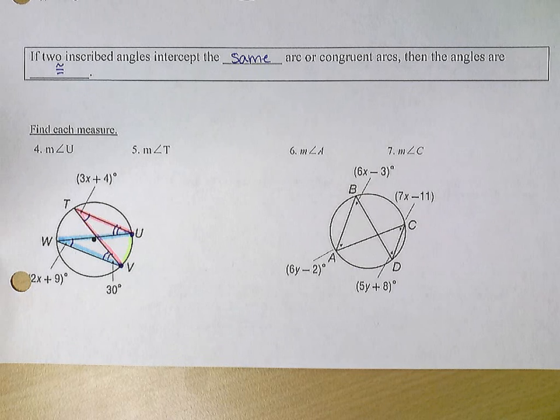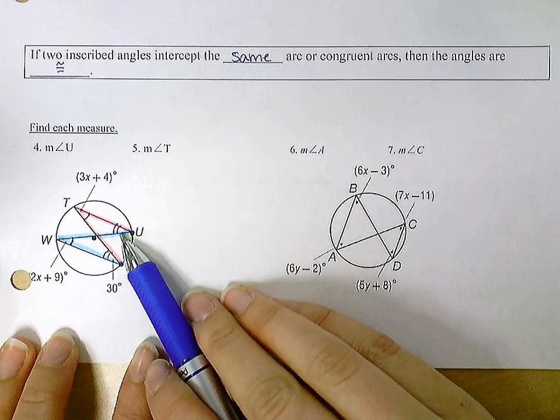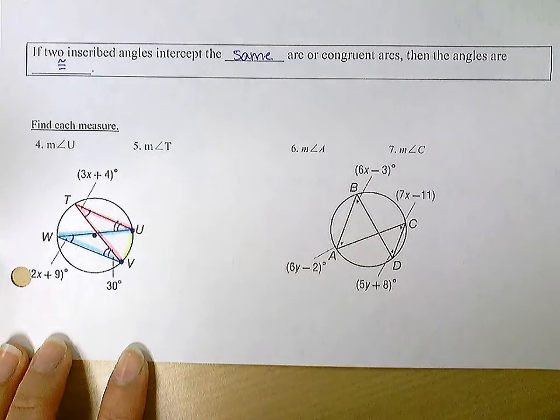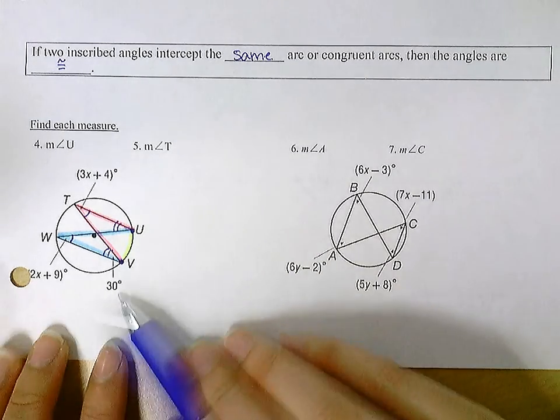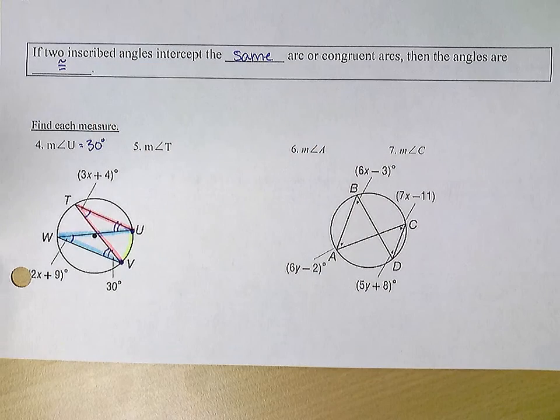So that helps us solve problems 4 and 5. In problem number 4, we want to find the measure of angle U. Angle U is right here. That's the one they're talking about. Well, since angle V and angle U are congruent, and angle V is 30 degrees, angle U is also 30 degrees.